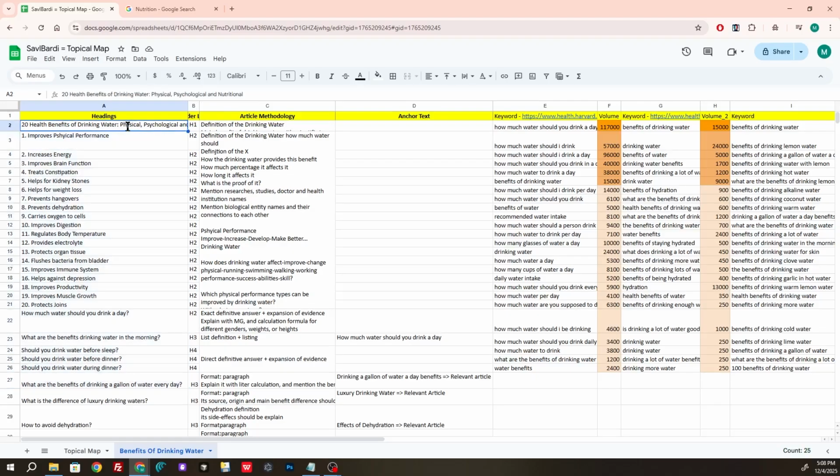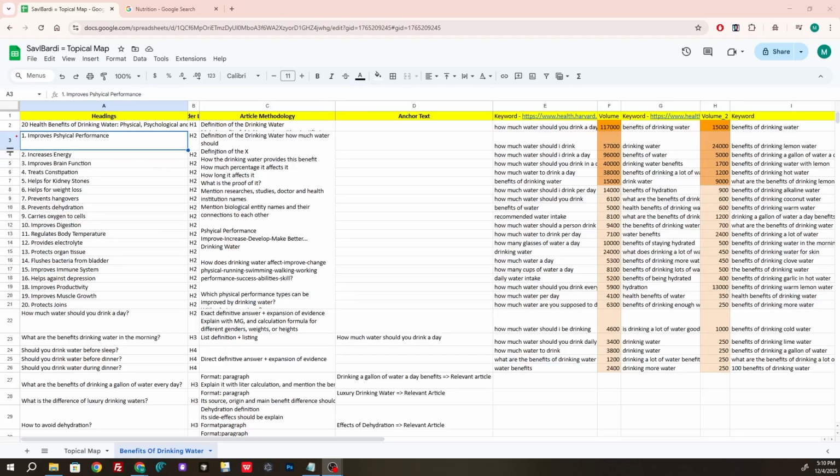For example, here we have physical, psychological, and nutritional, three different health benefits. Now we distribute them in that specific area. Brain function is related to the psychological, oxygen to cells is relevant to the physical, and energy is also relevant to the physical health benefits. That's how we distribute in our macro context.